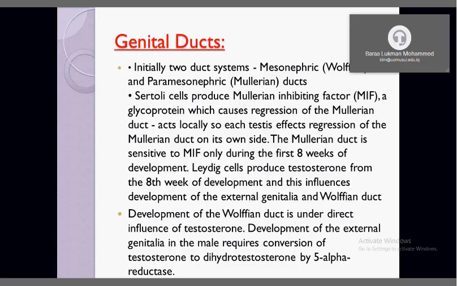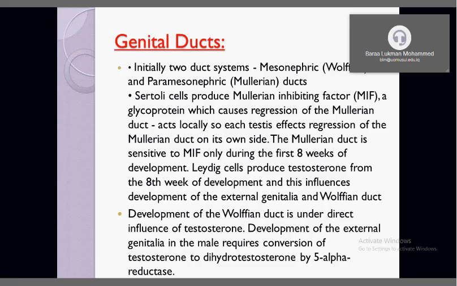The Mullerian duct is sensitive to Mullerian inhibitory factor only during the first 8 weeks of development. So if there is any abnormality during this period, even if this substance is present later, it will not help the regression of the Mullerian duct.